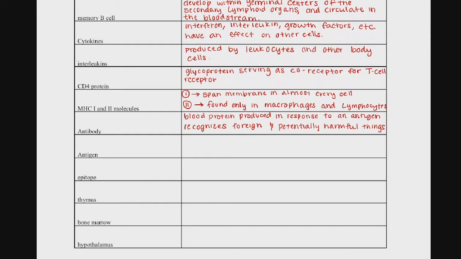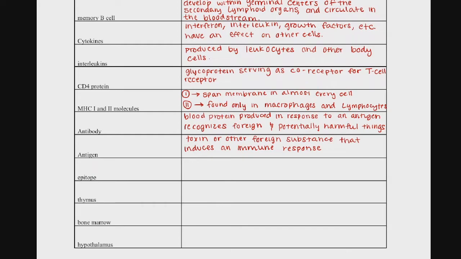Alright, an antigen is a toxin or other foreign substance that induces an immune response. And we know because antigen, we're especially just talking about that production of antibodies.